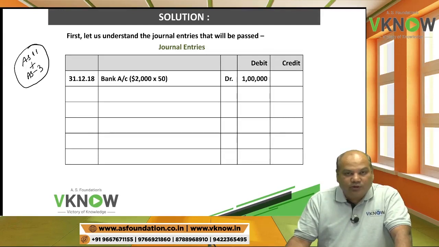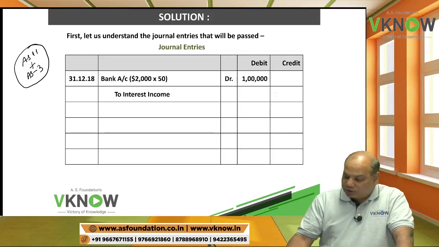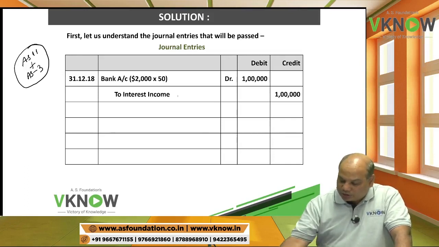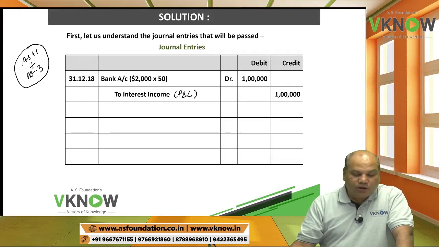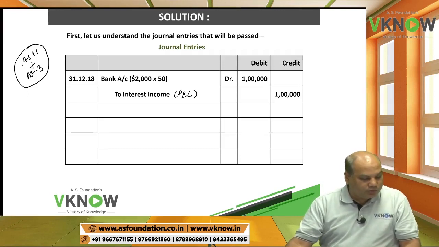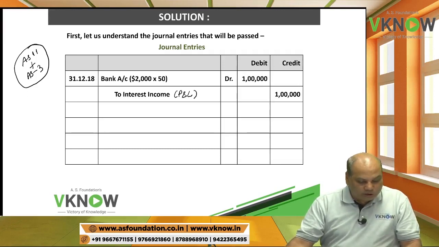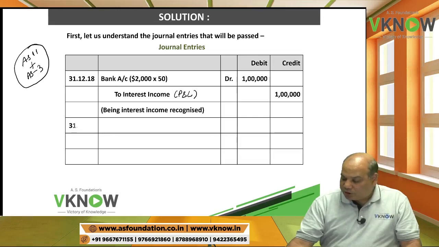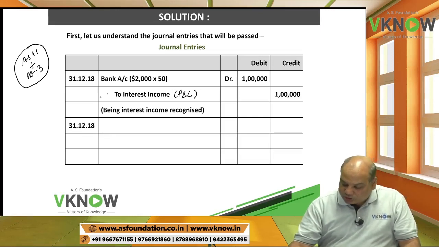Bank account debit 1 lakh, to interest income. Interest income will be shown in the profit and loss account. Being interest income recognized.